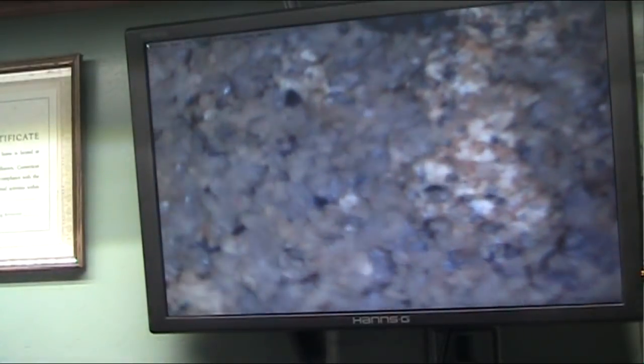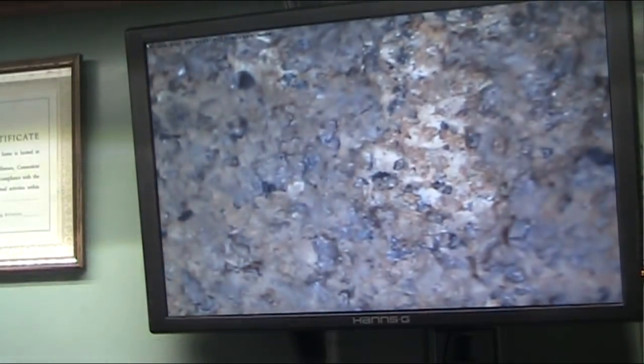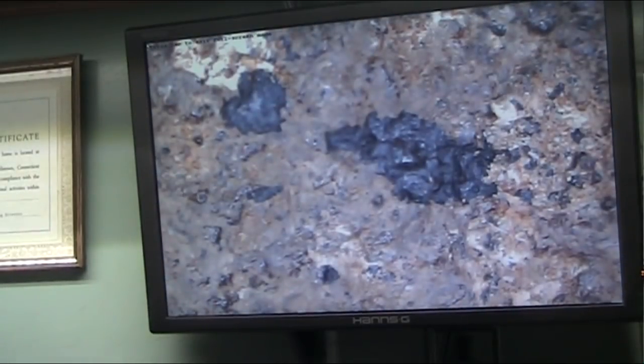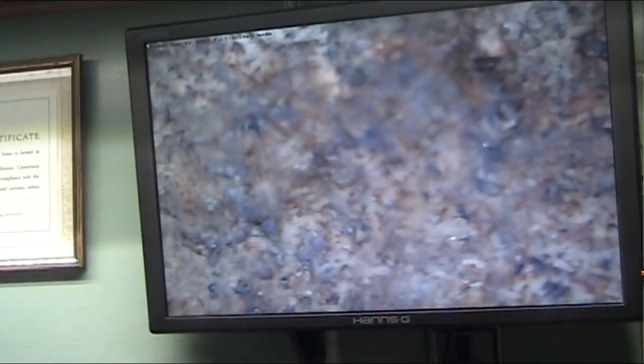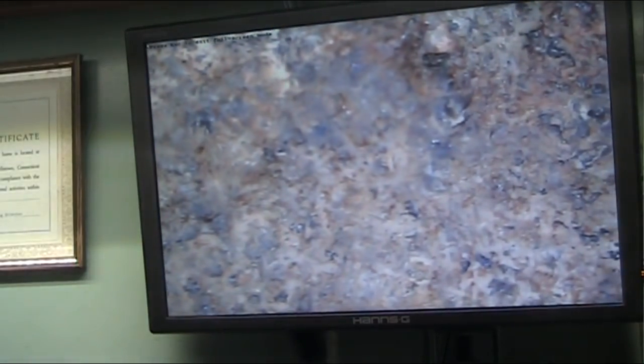Let's look at the no-toe skin right now. Watch this. I'm going to be doing the no-toe. All right, here we go. Get ready. See that? Same stuff. Same. Black is the vein blood, and the red is the arterial blood.